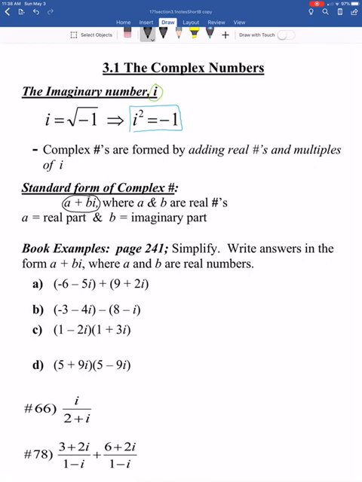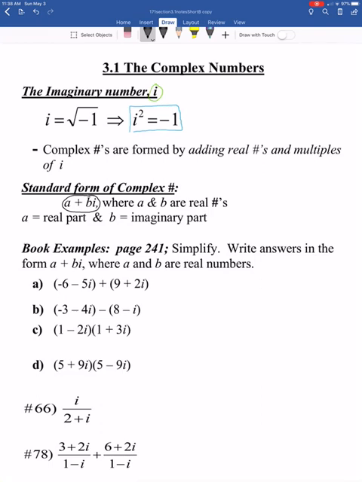And b, the real number coefficient of i, will be the imaginary part. So we have two parts to a complex number, the real part and the imaginary part. Again, adding multiples of i, we're forming a complex number.